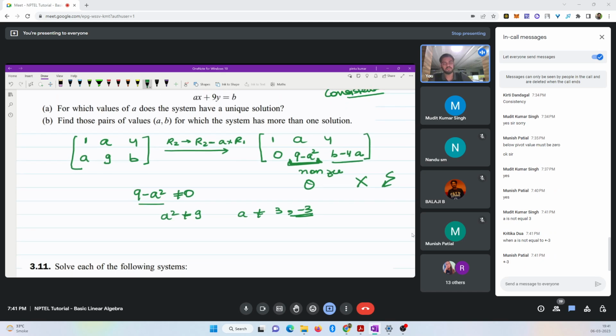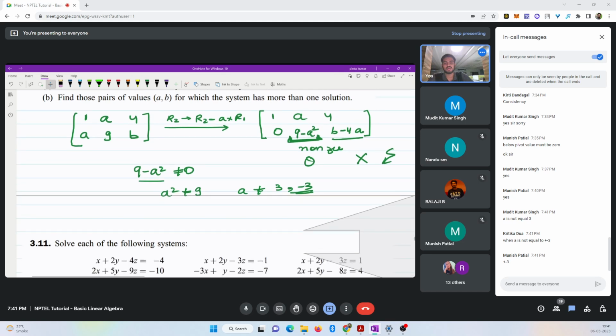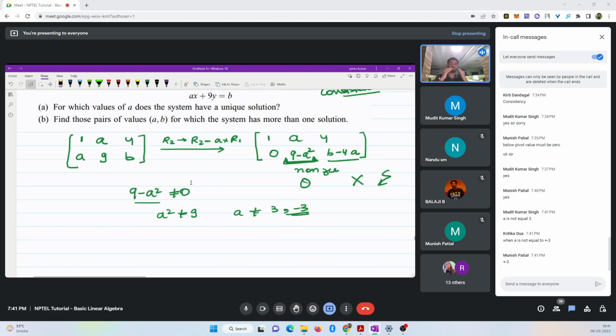Now please solve the B part. At least I need 5 to 6 people to solve that. It is saying that we want the pair A comma B such that it has more than one solution. So for more than one solution, this particular entry should be 0.